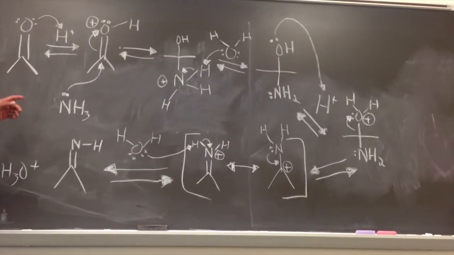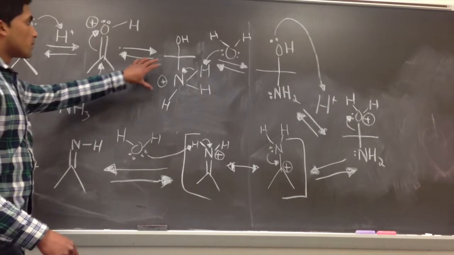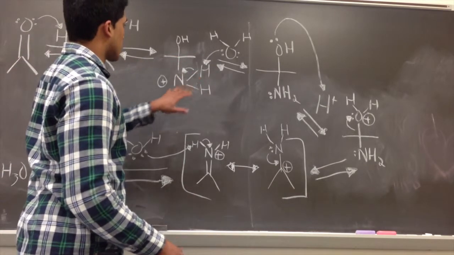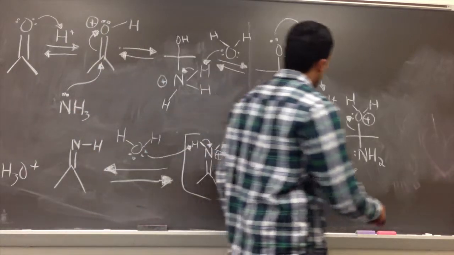So before we cover reductive amination, we're going to go over how an imine is formed, which we've covered in class. We start with the ketone, which is protonated. The nitrogen attacks the carbon, and water comes in, takes the hydrogen off the nitrogen, forming the tetrahedral intermediate.